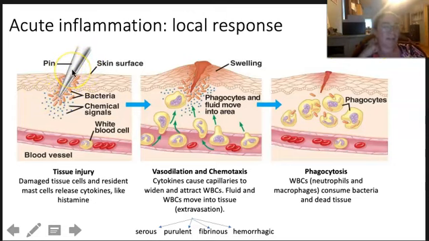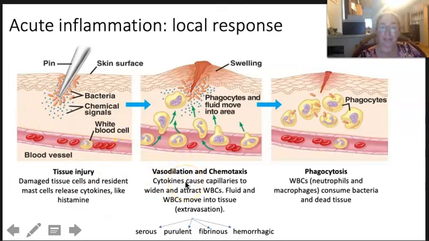Also, maybe bacteria from the outside of your skin get pushed in. It also tears apart tissue. All right, and so those damaged cells, as well as white blood cells within this tissue, the specialized cells called mast cells, will start releasing chemical signals, namely histamine. All right, histamine will then cause the blood vessels to dilate.